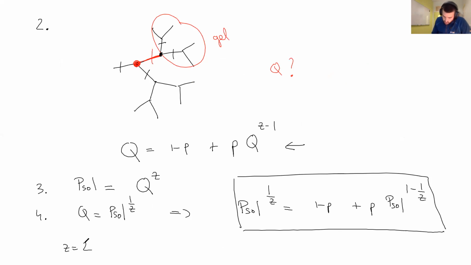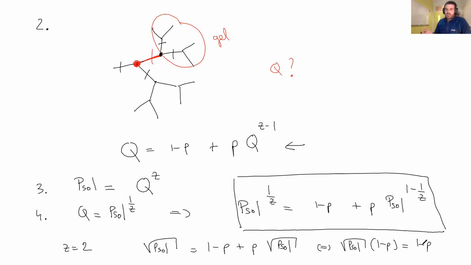So when z equals 2, which is this trivial case, the solution satisfies this equation: square root of P sol is equal to 1 minus P plus P times square root of P sol, which is equivalent to writing that square root of P sol times (1 minus P) is equal to 1 minus P. And so you have two cases.